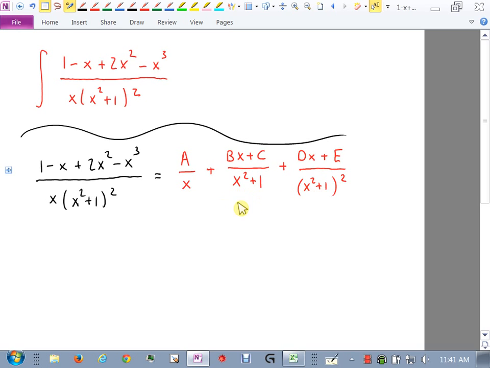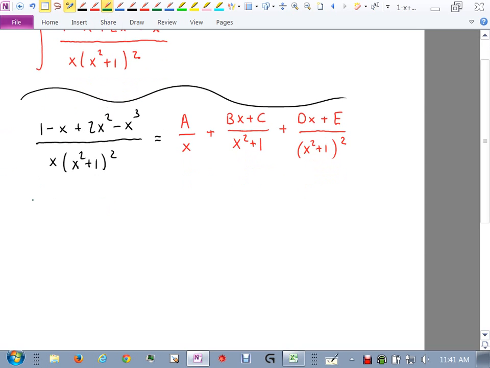Now what we do is we multiply both sides by the LCD. When I multiply the LCD times this first term over here, only the x goes away, which leaves me with both of those factors, right? So my left side, 1 minus x plus 2x squared minus x cubed must be equal to A times the x squared plus 1 squared, and then plus.